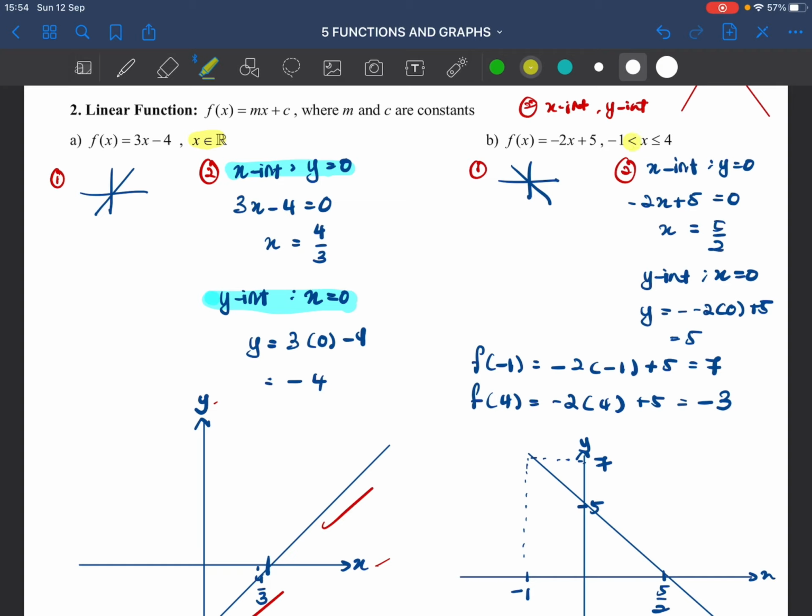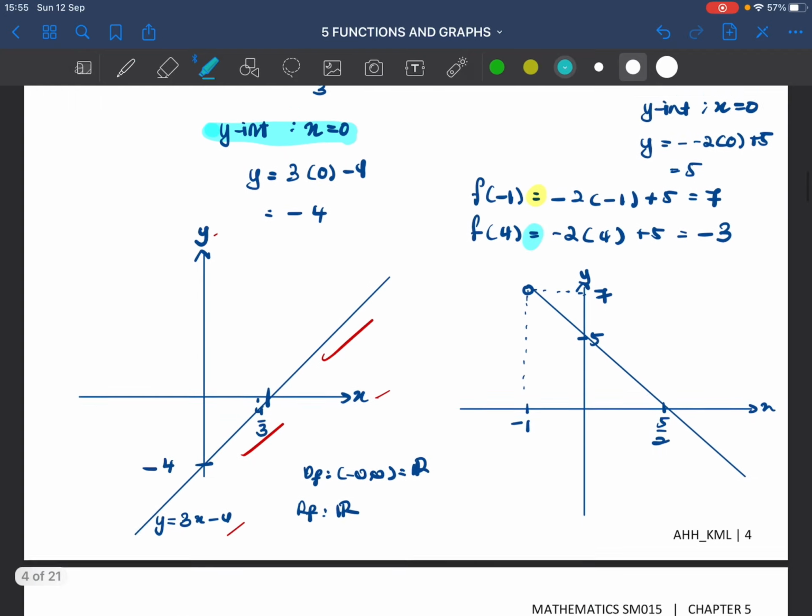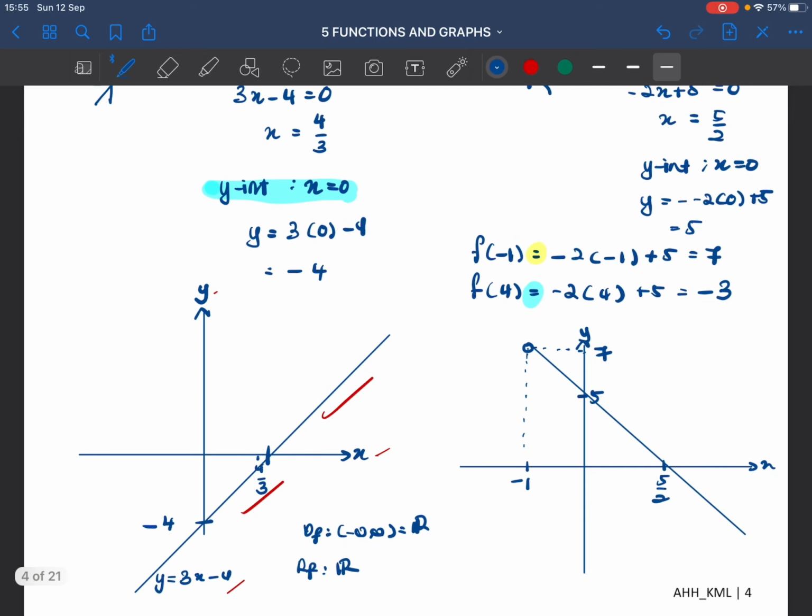So ini, okay, negative 1 kuning. Ini negative 1, open. So kita kena letak open dekat sini. Okay, so 4 dekat situ, 4 close. So sini mesti close.